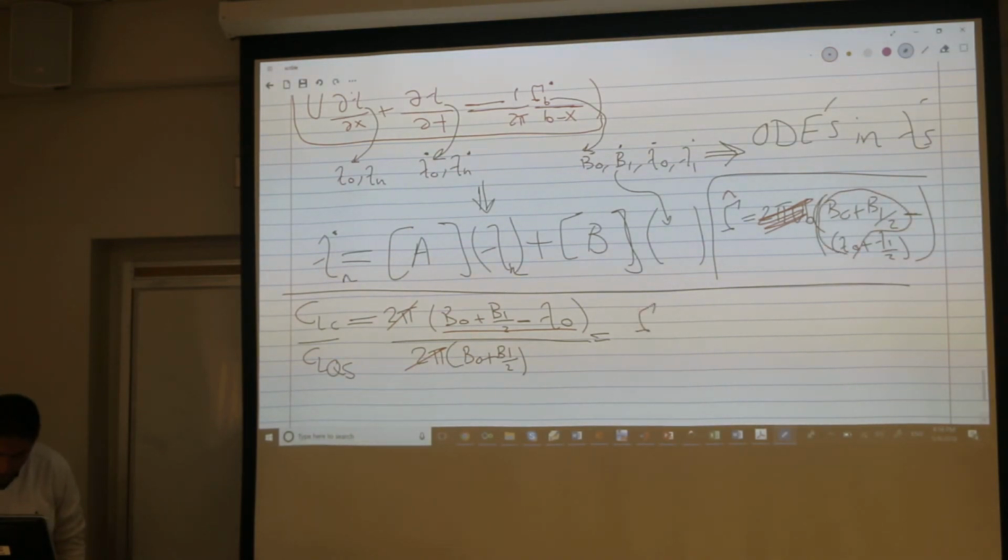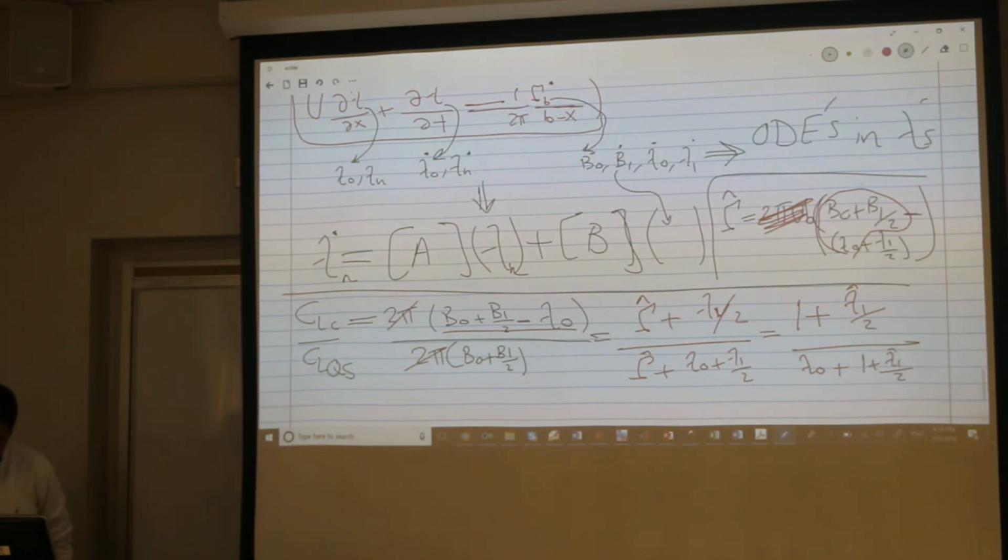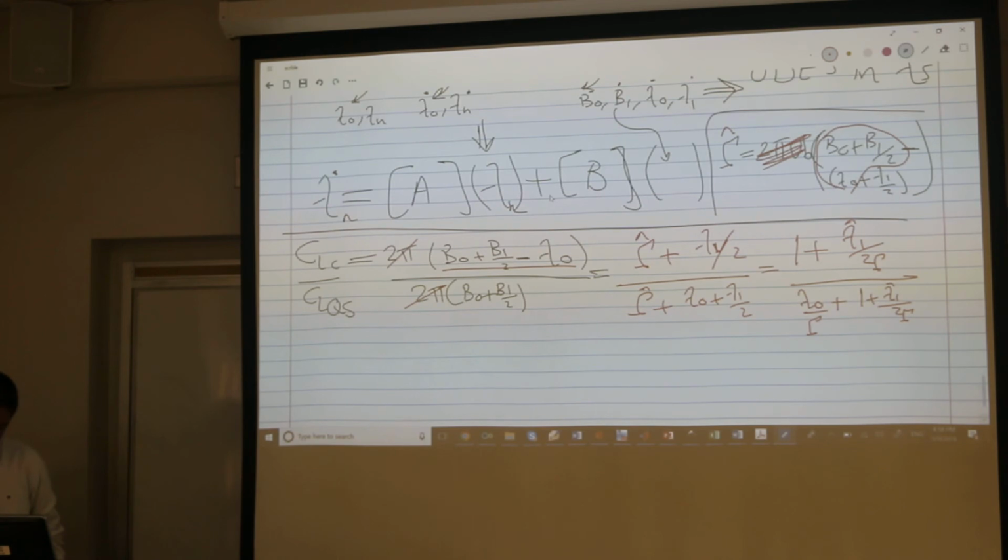So this is gamma plus lambda 1 over 2 divided by gamma plus lambda naught plus lambda 1 over 2. If we divide up and down by gamma hat, so this is 1 plus lambda 1 over 2 gamma divided by 1 plus lambda naught plus lambda 1 over 2 gamma, right?